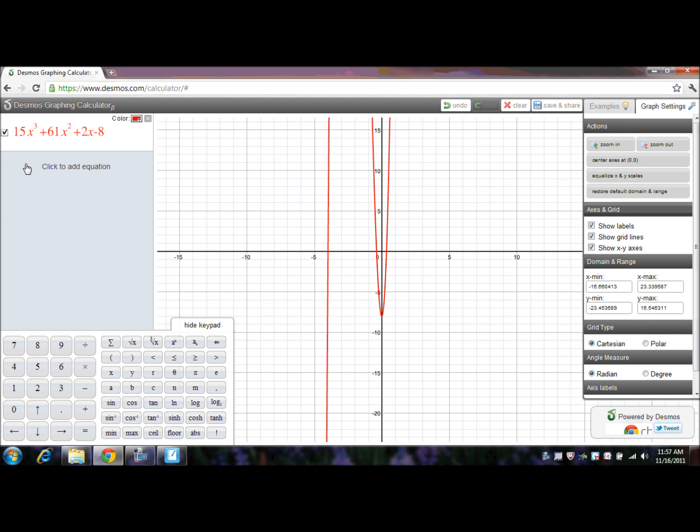Okay, so there's my graph. Now, as you can see here, I'm hitting the x-axis in 3 spots. 1, 2, 3, which tells me that I don't have any imaginary zeros. So that's good. They're all going to be real.